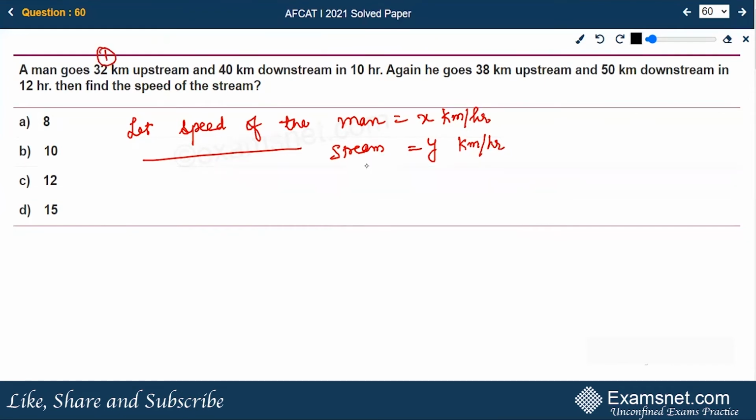Then you have two situations. This is first situation. This is the second one. So in the first situation, he goes 32 kilometers upstream. So the distance, this is 32 kilometers he has covered. Distance 1 is 32 kilometers for the upstream.